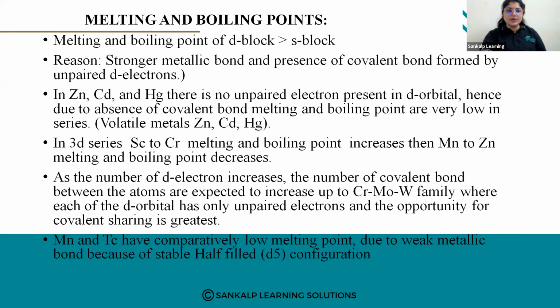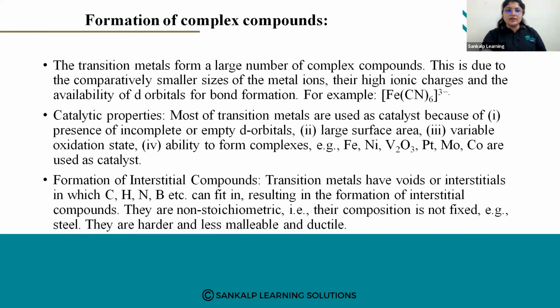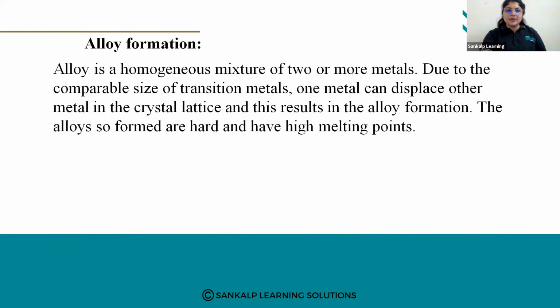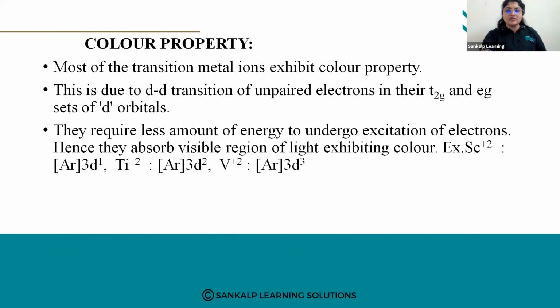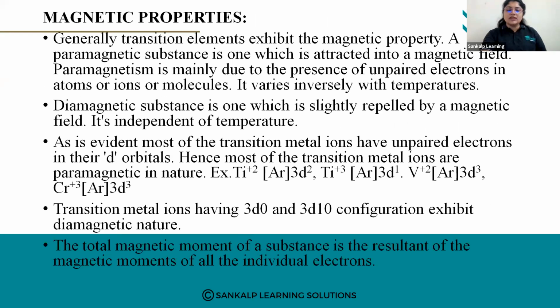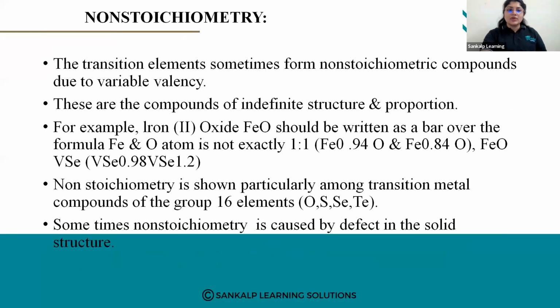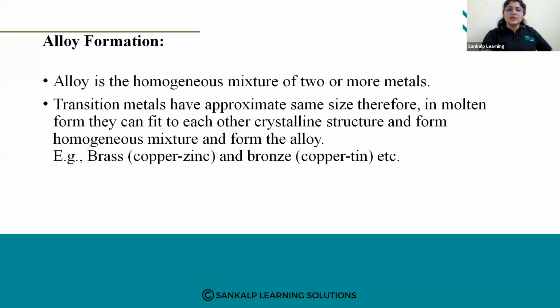Then we discussed melting and boiling point, formation of colored compounds, alloy formation, then color properties, why transition elements show color. Then we discussed magnetic property, which is very important. We studied how to calculate the magnetic moments also, what is Bohr magneton, and then non-stoichiometric compounds.